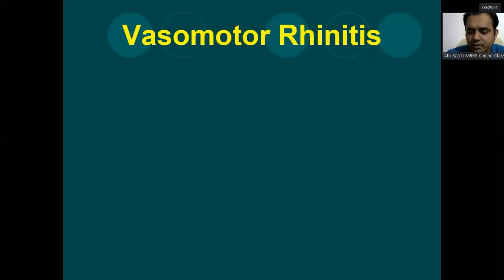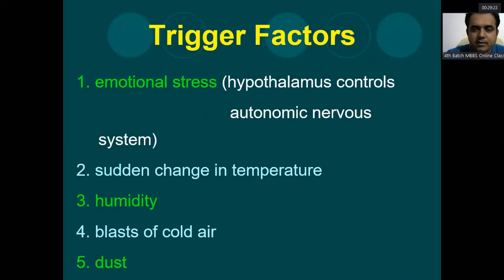Now, vasomotor rhinitis, right? This is also an important disease, and an important differential diagnosis of several forms of rhinitis. That is why you need to know this disease and differentiate it from other diseases, right? So what are the trigger factors? Very important, emotional stress, right?